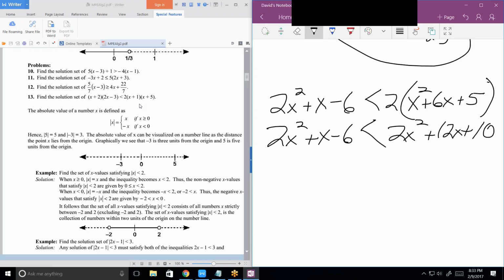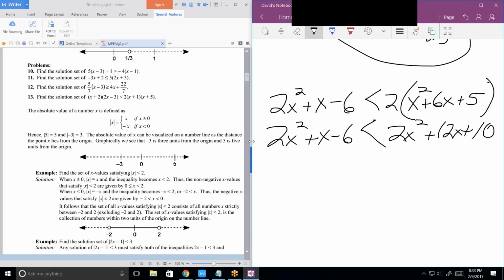Now what's something you can do automatically just by looking at it? Could you cross off the 2x squareds? Yeah. In other words, what I'm basically doing is subtracting 2x squared from both sides. But the fact that I've got one over here and the same one over here, and neither one of them is multiplying anything.